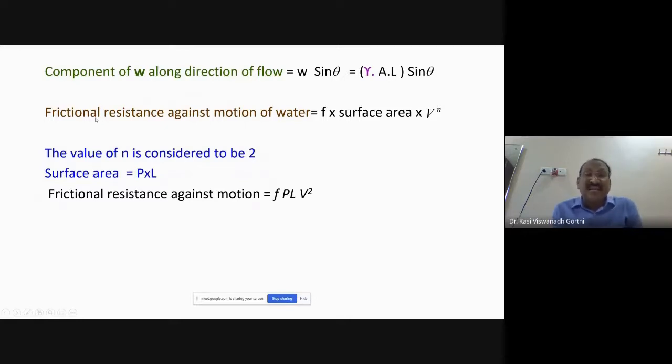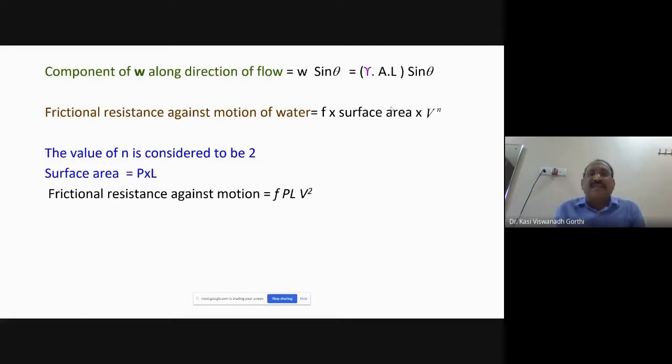Similarly, the frictional resistance against the motion of water would be, if F is the frictional resistance per unit area per unit velocity, the total frictional resistance will become F into surface area multiplied by the velocity to the power n, where n is an index which is considered to be equal to 2 for this case. And hence the surface area would be the actual area which is in contact with the flow through this control volume from section 1 to section 2.